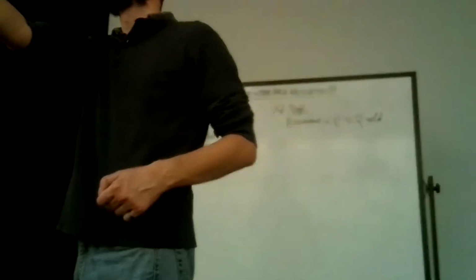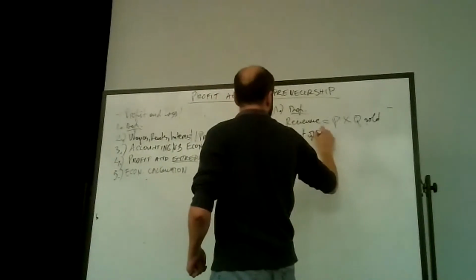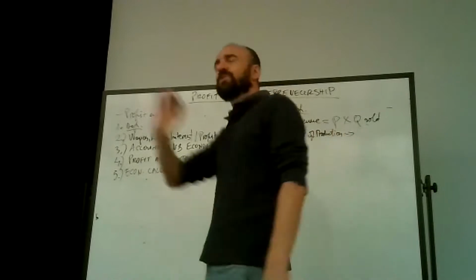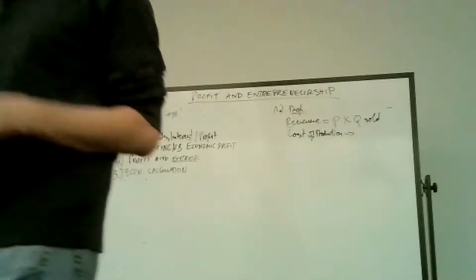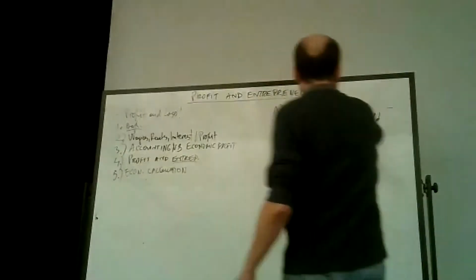How much it costs to produce? So cost of production. Okay, so what is the simplest possible definition of cost? Expenses. So, what would that mean? Everything that you have to pay in order to produce the quantity here.